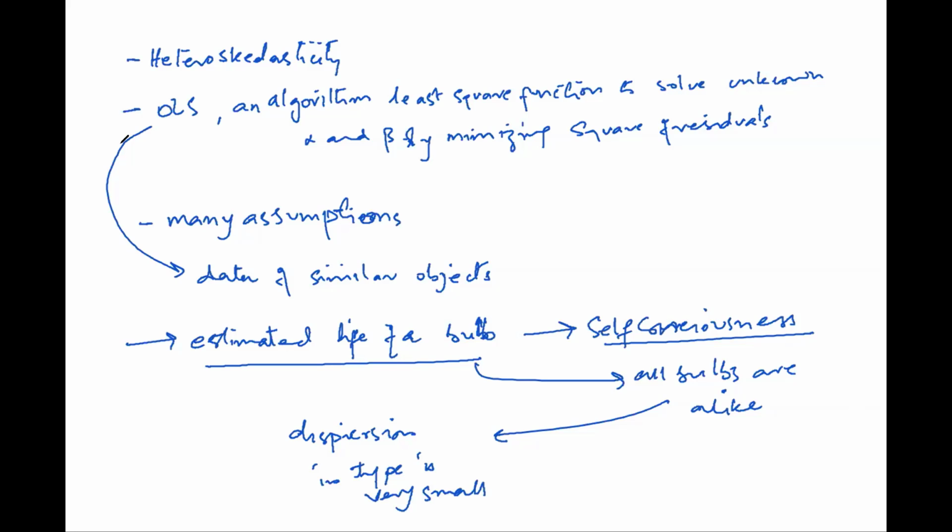But the problem is when we estimate a model of anything else, suppose determinants of profit of banks. Here you have written bank as some object, but this object is not very small as compared to a bulb.